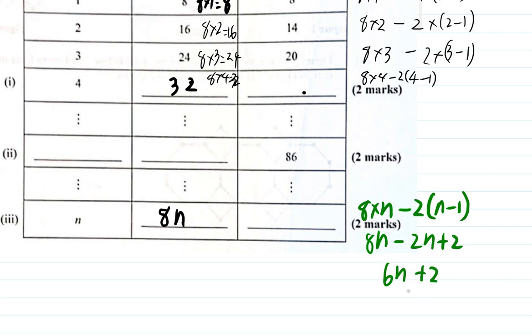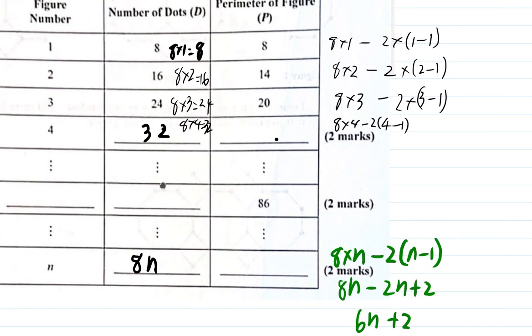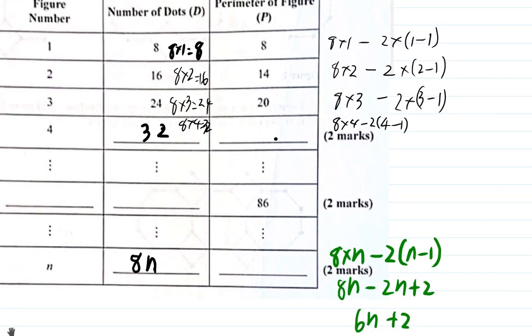So in this case, we have 6n plus 2. It seems as if this would be 6n plus 2.